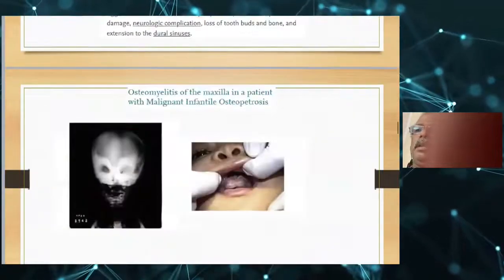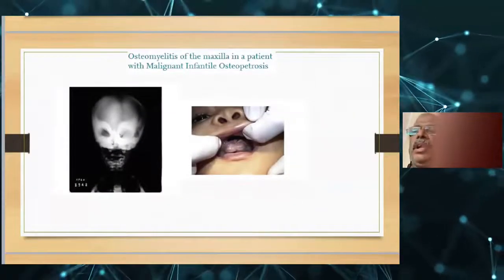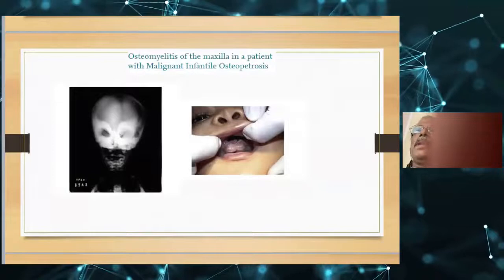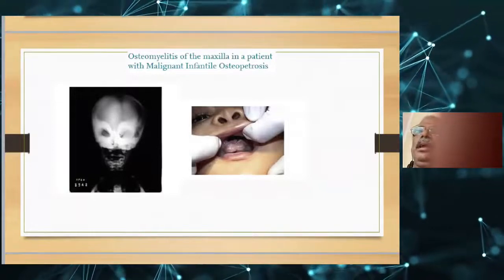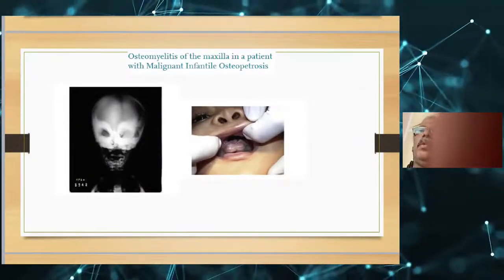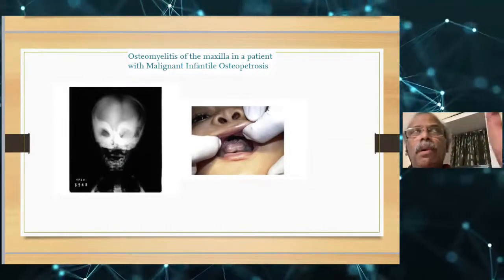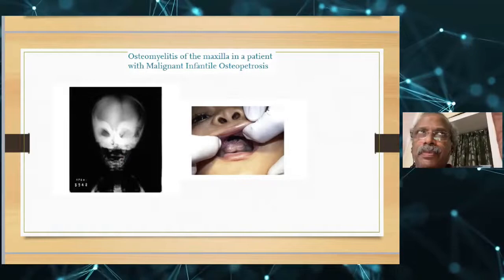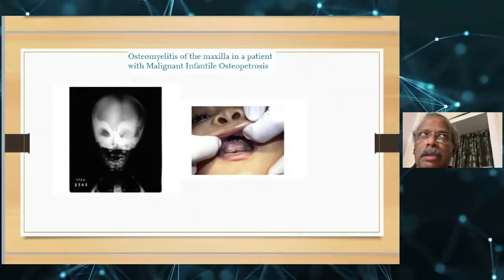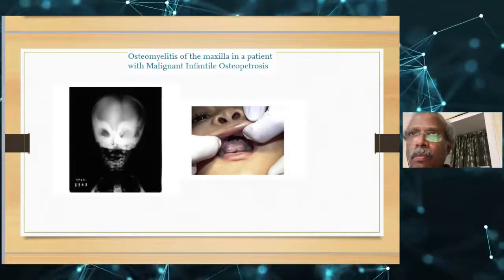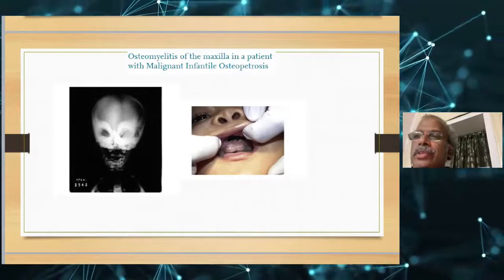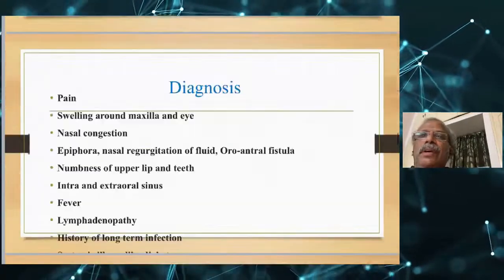Sometimes osteomyelitis of the maxilla and antrum can also occur with infantile osteopetrosis, where the bone becomes completely dense, with no marrow and no blood supply, so it is very easy for such children to get infection.